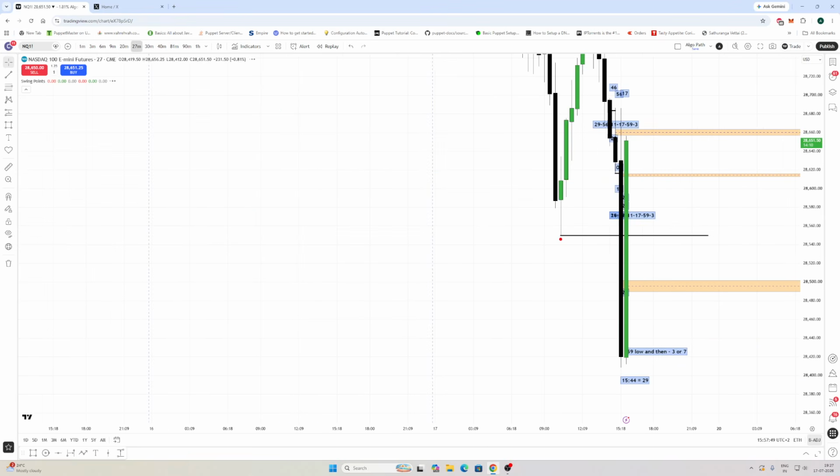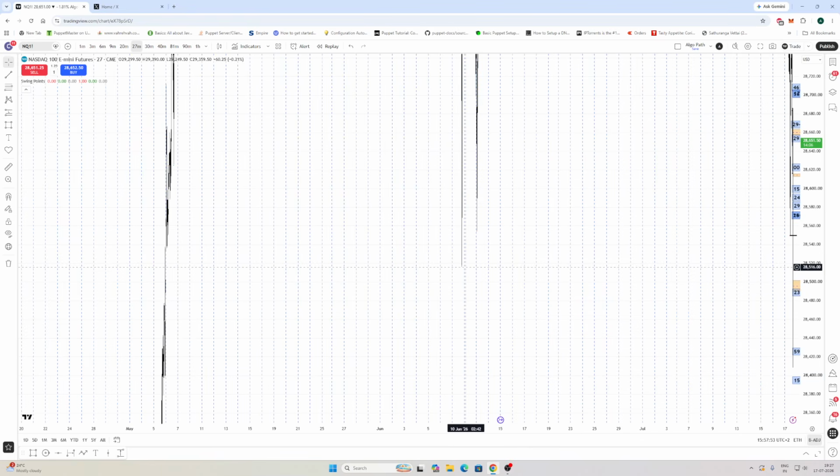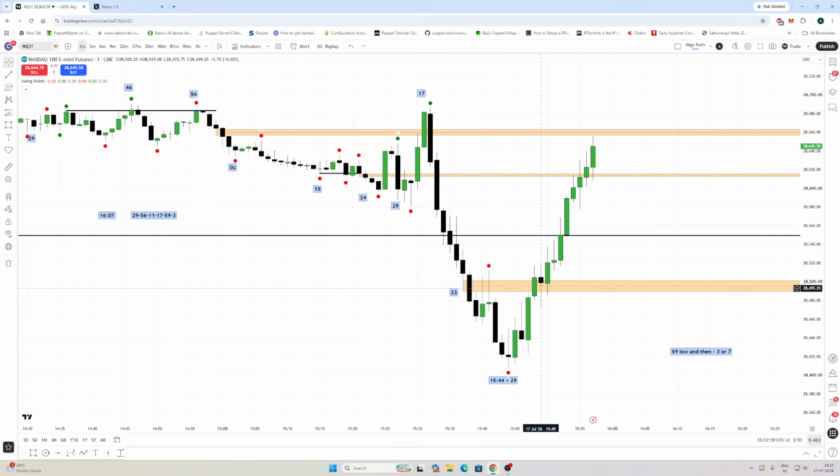Now I didn't take a look at anything that happened apart from this buy side liquidity that it took. So there's no higher time frame bias that I took for this long. It was just purely a calculation of what was the high here, what is the low here, what was the algo path playing here, what could be the pivot here.